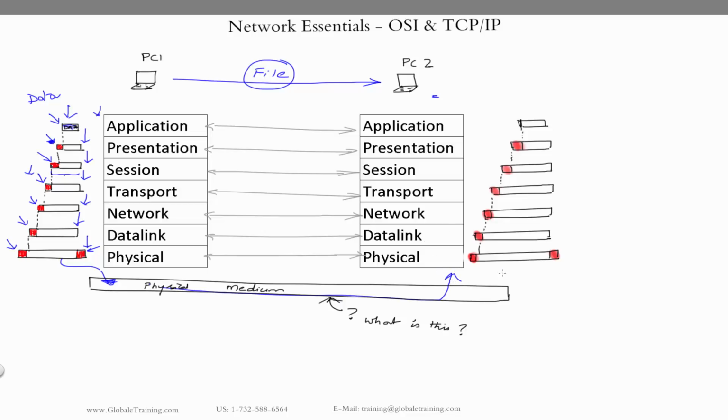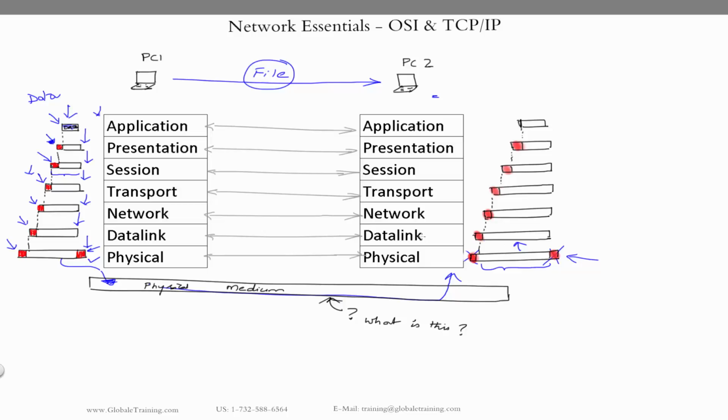When it gets here, the physical layer strips off the header and the trailer, meaning it will remove that, read it, and pass the remaining portion, which is here, the white portion, to the layer above. So whatever the physical layer added on PC1 is read by the physical layer on PC2.